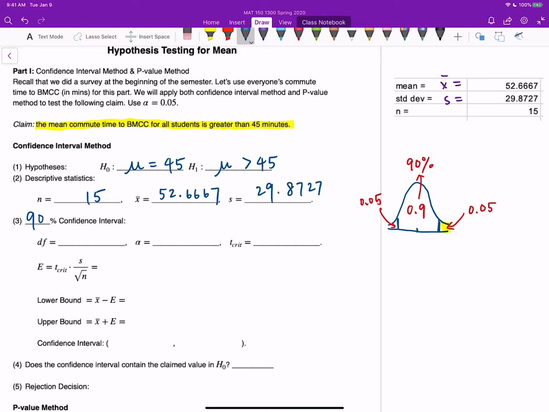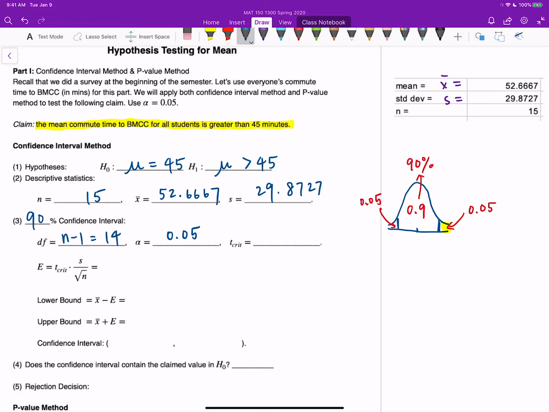Next, we're going to determine sample statistics that are necessary to find out the margin of error for confidence interval for means. First, degree of freedom. Degree of freedom, if you remember, is simply n minus 1. In this case, it will be 15 minus 1, that's 14. Alpha 0.05.